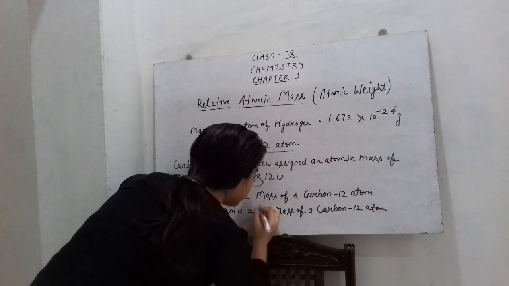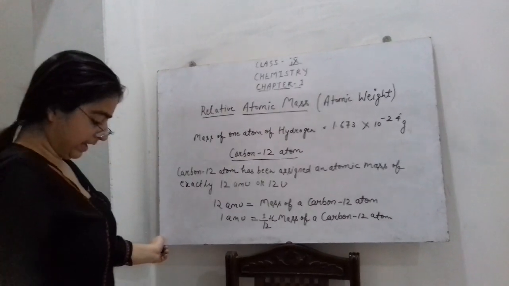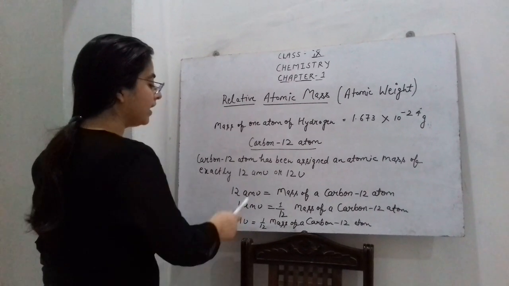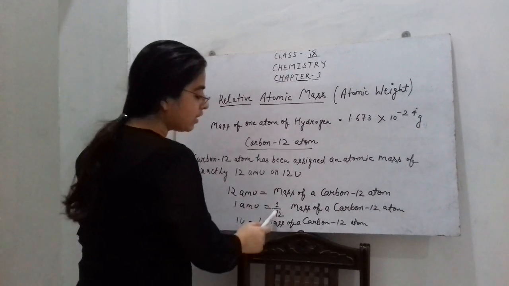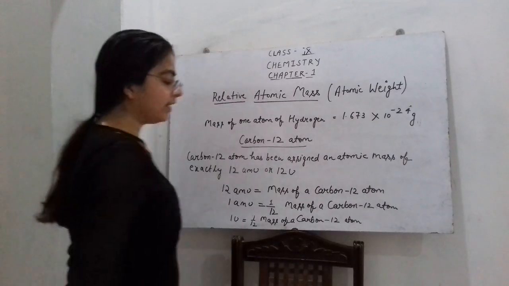So once again I repeat, one atomic mass unit is equal to 1/12 mass of a carbon 12 atom.